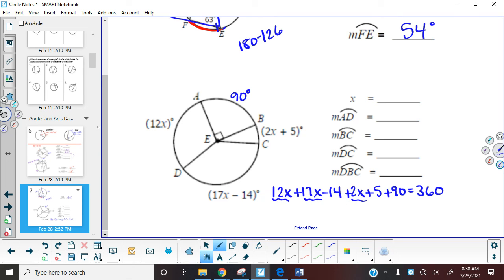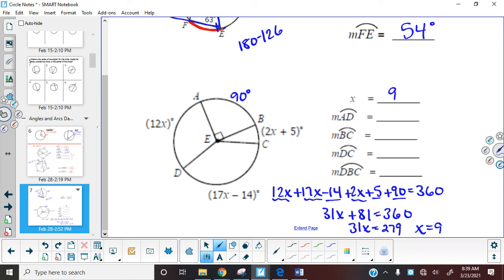Okay, so 12 plus 17 plus 2 is going to give us 31x. We can combine my like terms of negative 14, positive 5, and 90, and I would get 81. And then to finish solving, I would subtract from 360, 31x equals 279, divide by 31, and I get an x value of 9.